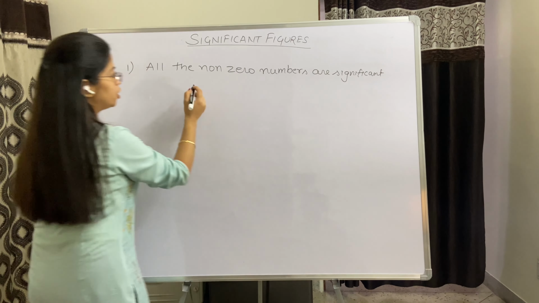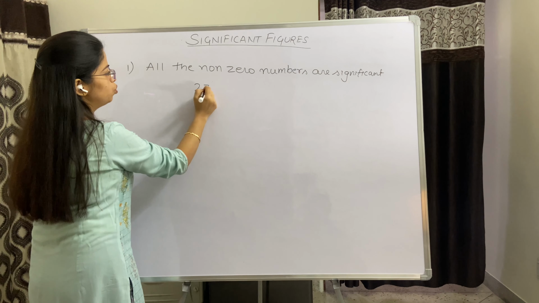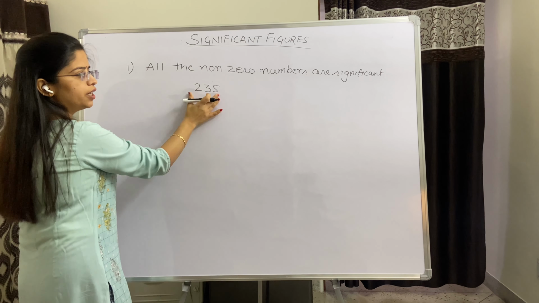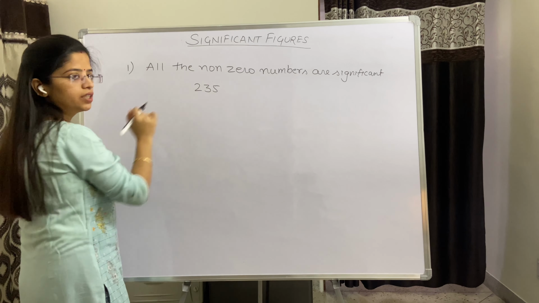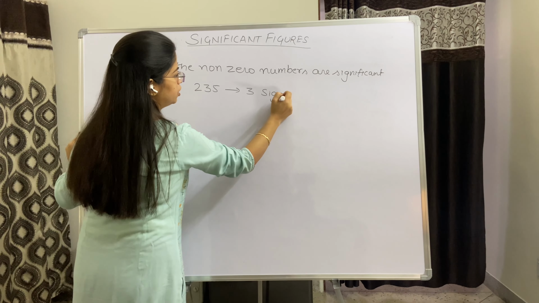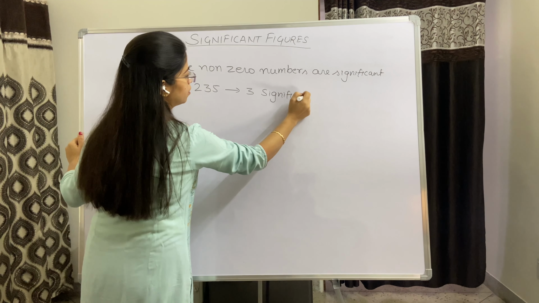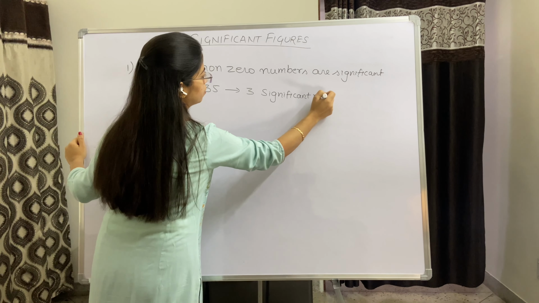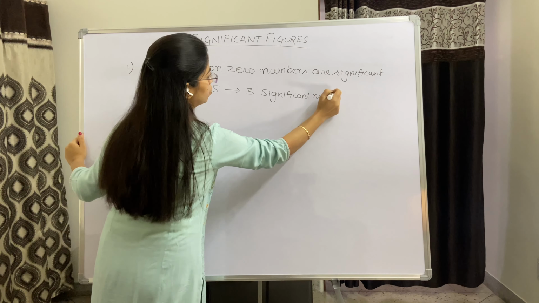Which means if you have a number like 2, 3, 5, in this number we have three significant figures. So the first rule is all the non-zero numbers are significant.